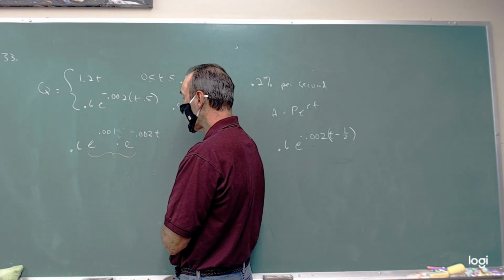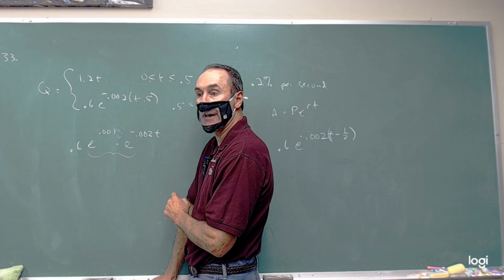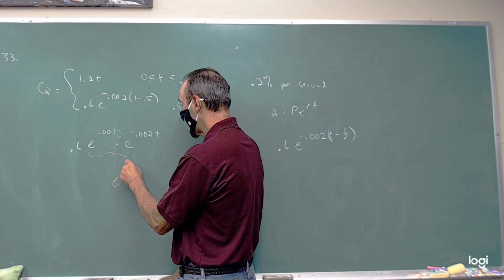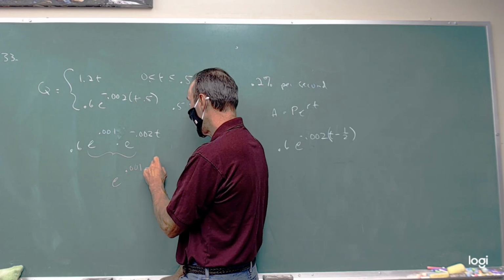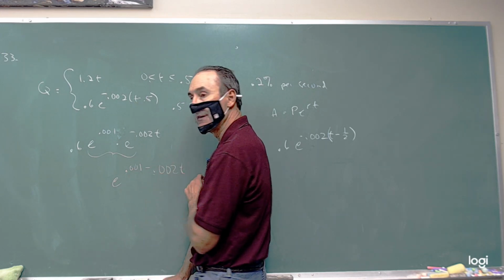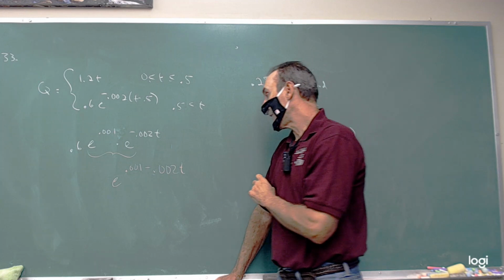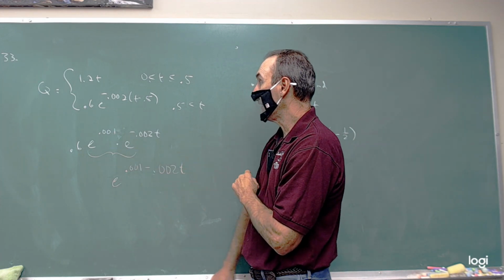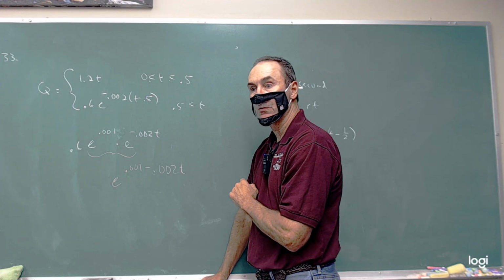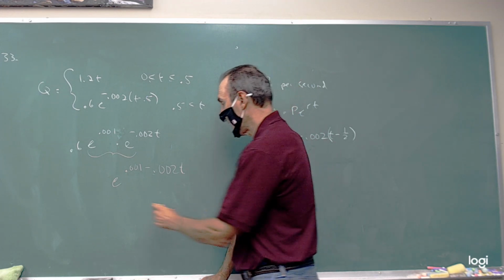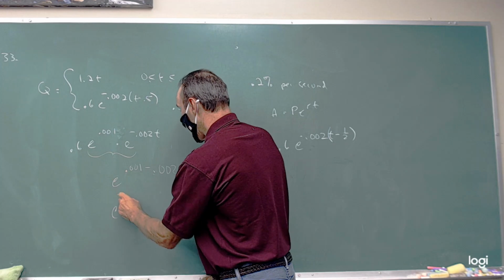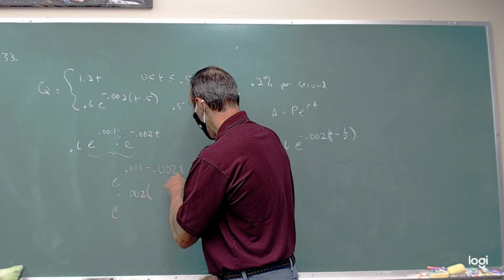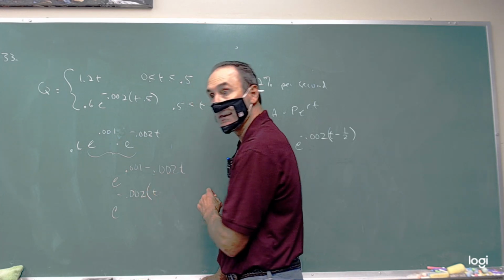So if we multiply these two exponents together, we add their exponents, right? So that's really e to the 0.001 minus 0.002 t. So let's factor out our negative 0.002, which is what we had. So this is going to be e to the negative 0.002, and now this is going to be just the t.